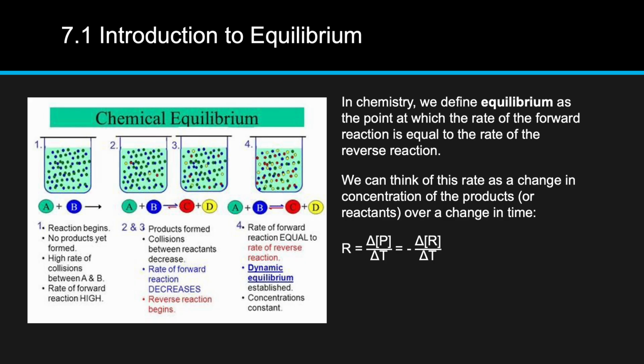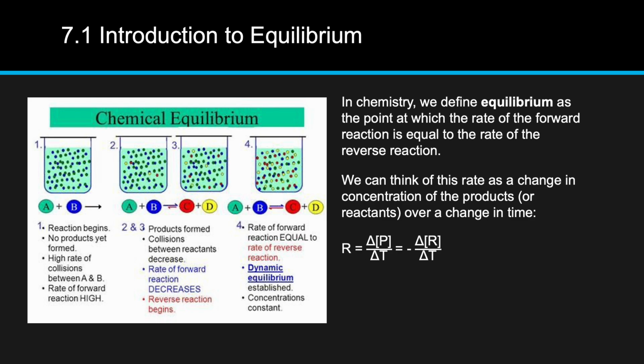As those products form, the forward rate is going to decrease and the reverse rate is going to increase due to more frequent effective collisions involving your products. Eventually, these rates become equal, establishing a dynamic equilibrium. At this point, concentrations remain constant even though reactions continue at the particle level.